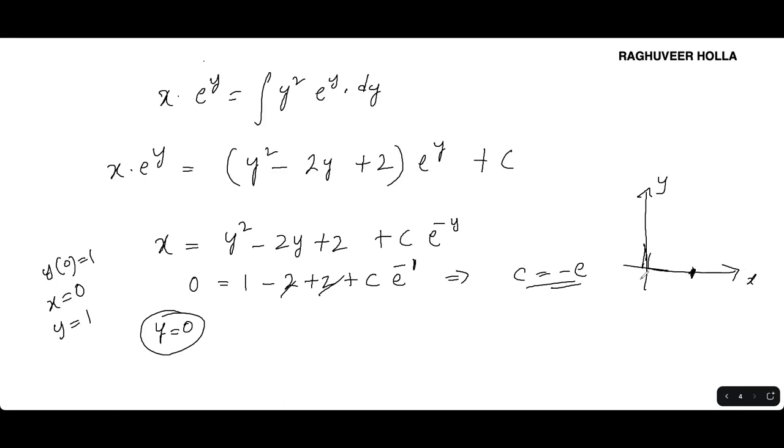So on the x-axis, you have to find what is x by substituting y as 0. So when you substitute y as 0 in this, you get x is equal to 0 plus 2, and this is c, which is minus e, and this will be e to the power of 0, which is 1. So x will be 2 minus e. So this is the required solution.